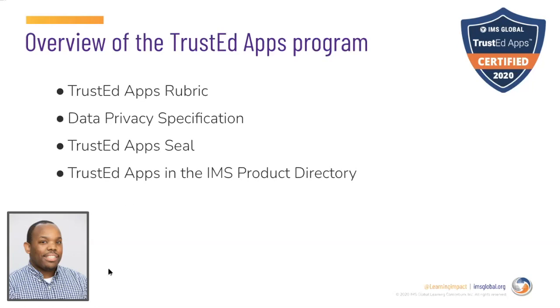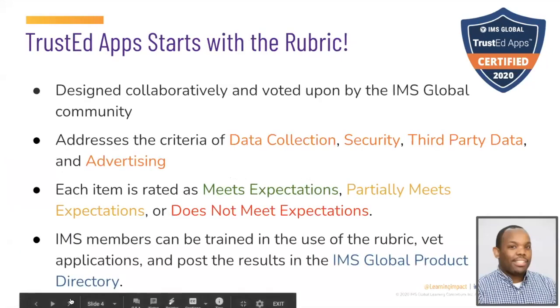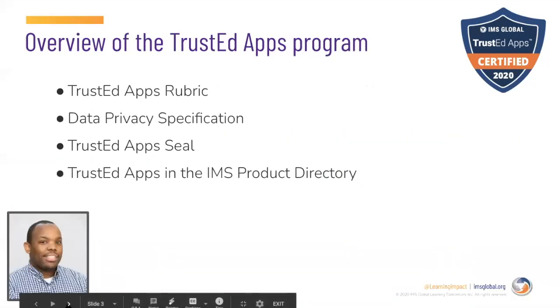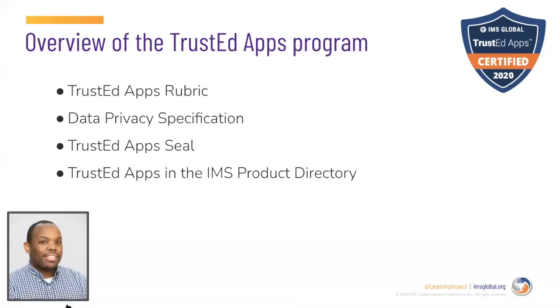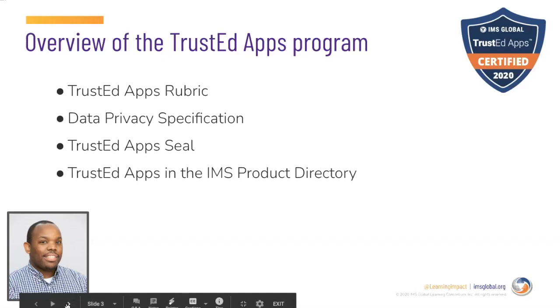So the Trusted Apps program, there are a few moving pieces, and it all starts with the rubric, which took about 3 years in the making to finally get it to a place where the IMS Global community could really get behind it and support what the rubric has become. Under the Trusted Apps program, we also have developed a data privacy specification, which you will see and hear about much later.